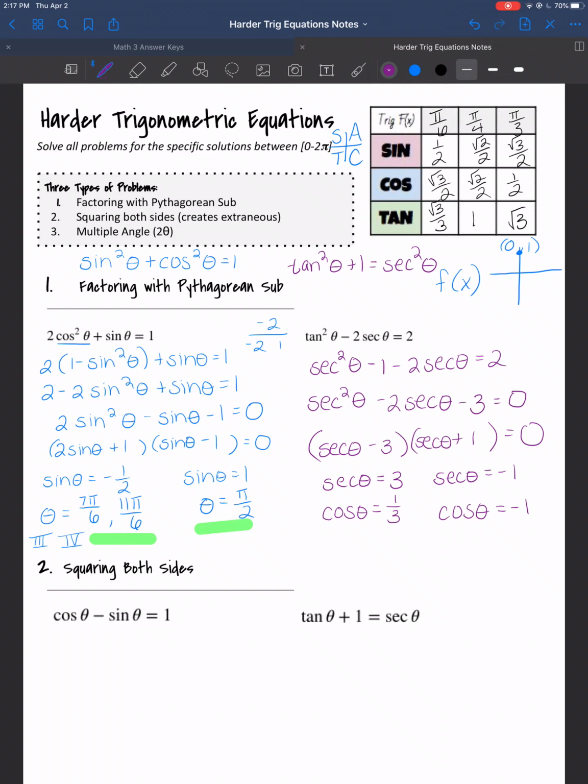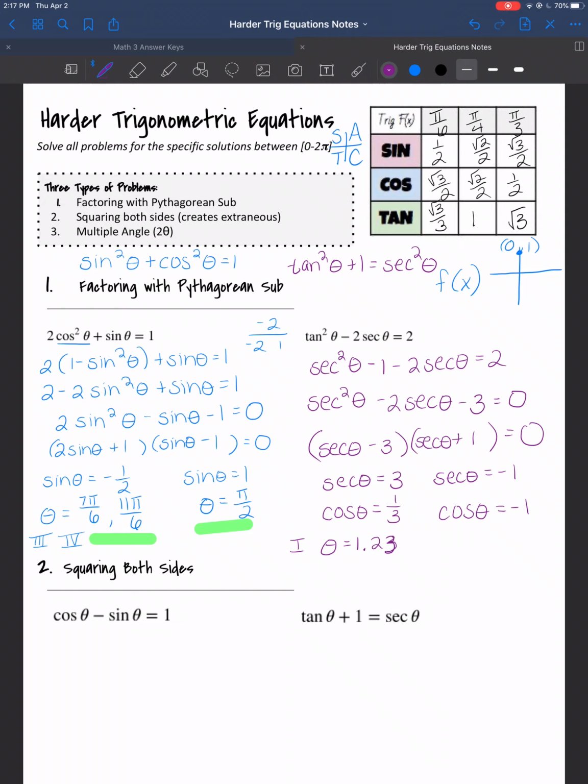And make sure that you are in radian mode on your calculator when you're doing this. So inverse cosine of 1/3 would give you 1.23, and that's for the first quadrant answer.